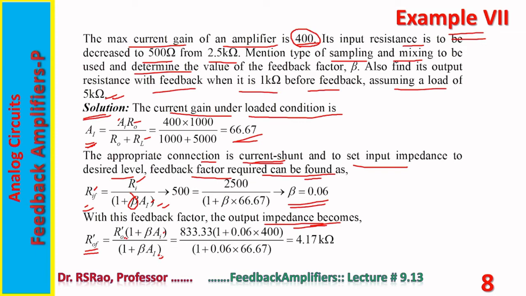So substituting the available values in the expression, one can find R prime naught F as 4.17 kilo ohms. Here 833.33 is R prime naught. This is parallel combination of 1K and 5K.